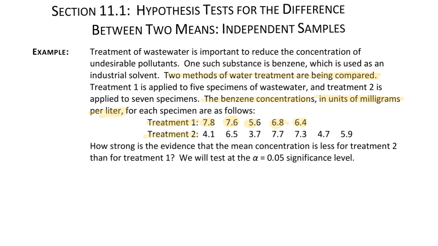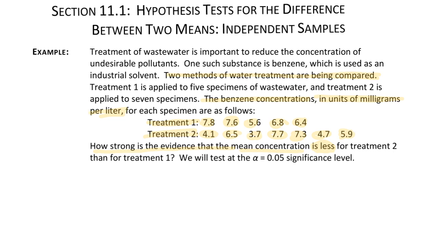And in treatment 2, there are 7 specimens and these are the benzene concentrations. How strong is the evidence that the mean concentration is less for treatment 2 than for treatment 1? We will test at alpha equal 0.05 significance level.